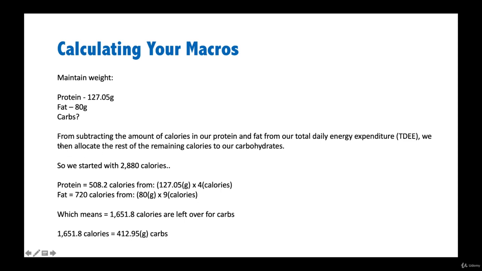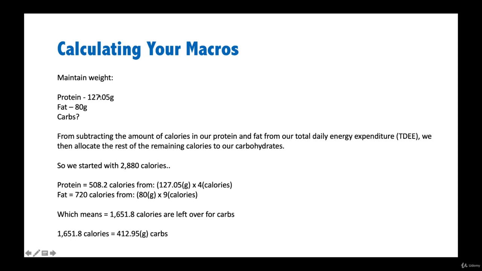Now how do we figure out the carbs? What we do here is subtract the calories in our protein and fat from our total daily energy expenditure, our TDEE, and allocate the remaining calories to carbs. So finding out what 80 grams of fat is in calories, and what 127.05 grams of protein is in calories, we can subtract that from the total of 2,880 to find out how many calories are left for carbs.